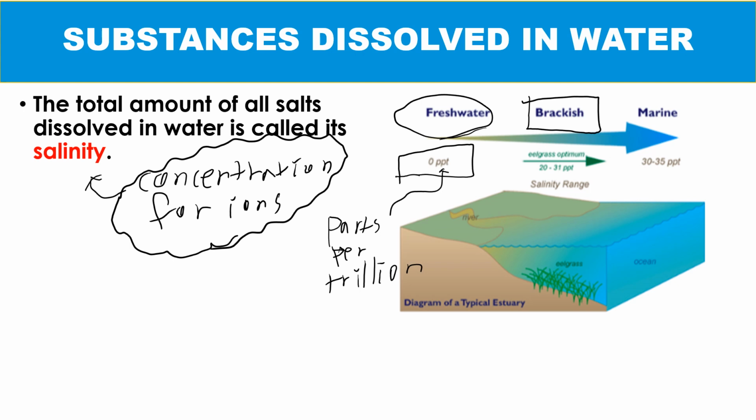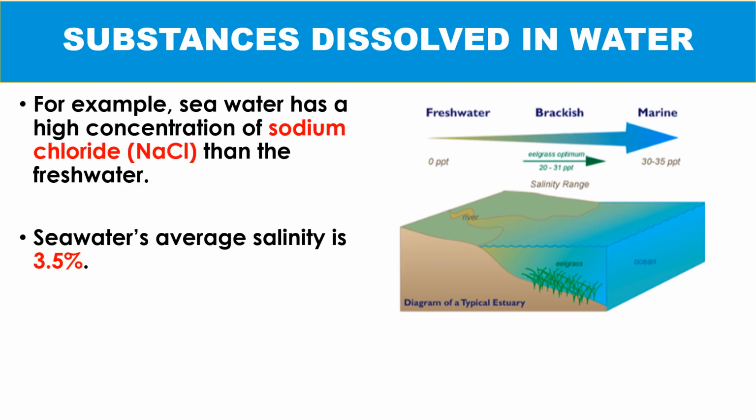Then there's the maximum level, because we didn't find any natural solution that has more dissolved salt and ions than seawater, ocean water, which we call marine. Seawater has a high concentration of ions and salt, including sodium chloride, about 3.5% concentration.